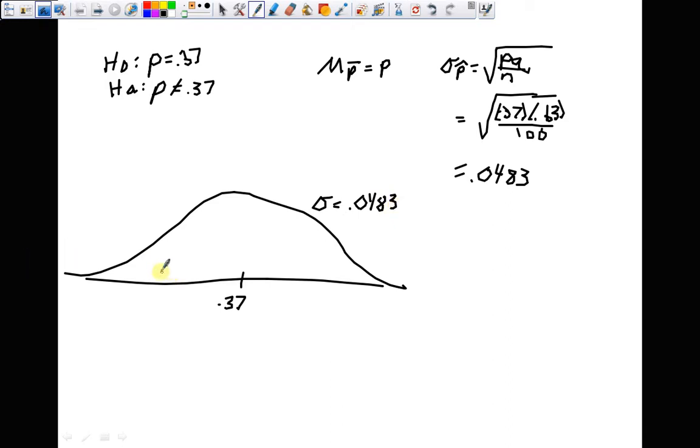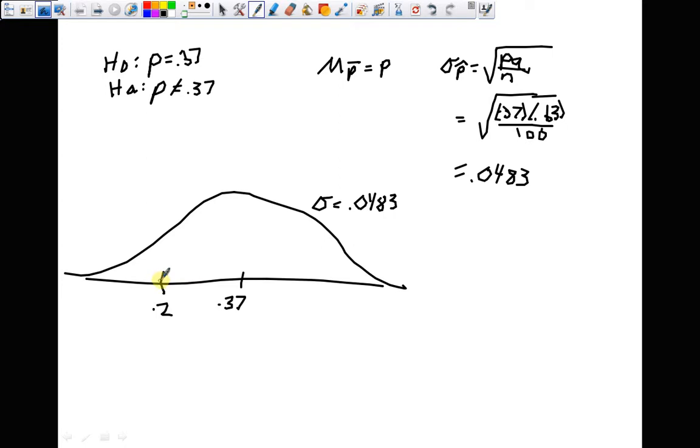Now, the problem said that we sampled 100 people, and 20 of them actually watched Survivor. So that's a p hat of 0.2. Now notice that this normal distribution is each one of these values in here represents a p hat. It represents us sampling 100 people. If the true proportion really is 0.37, then what we would get.